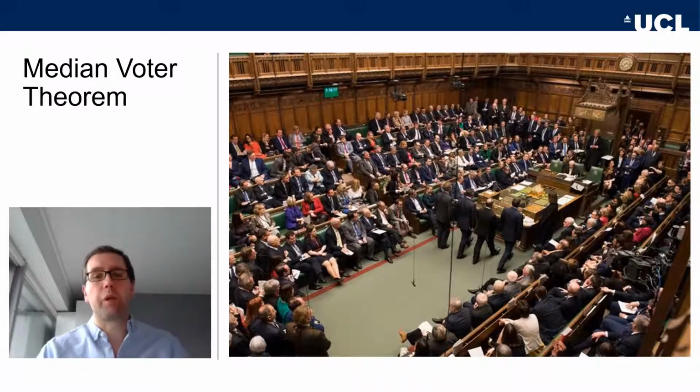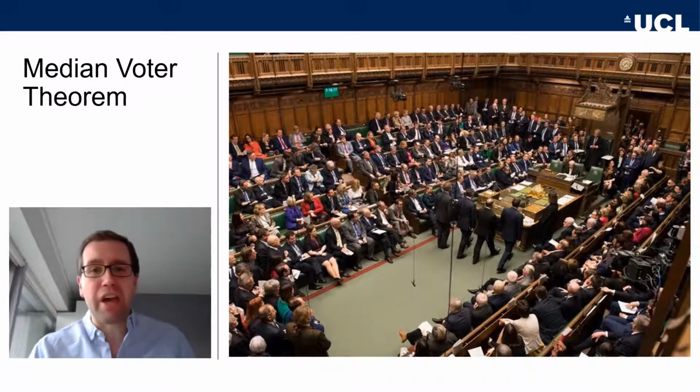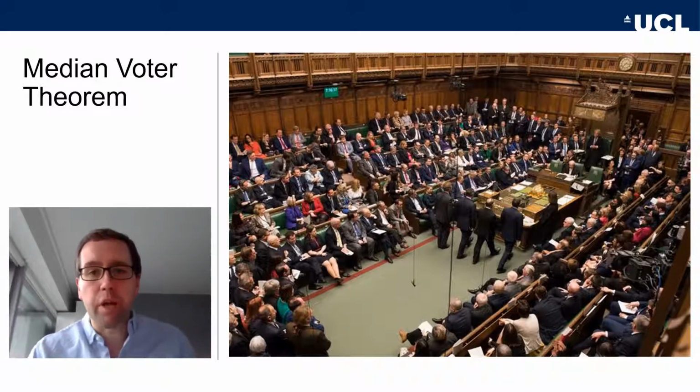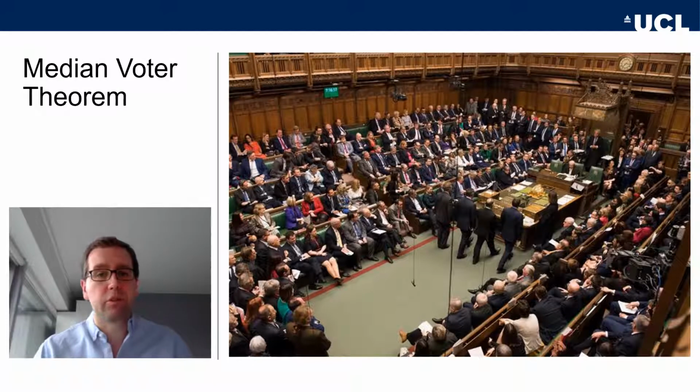Remember that last week we looked at the end phase of Theresa May's premiership and how the disagreement in Parliament over what kind of Brexit to pursue or whether to remain in the EU led to this impasse, to the cyclical majorities and all these kinds of issues.